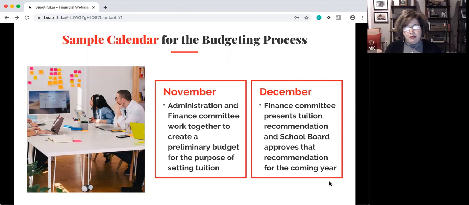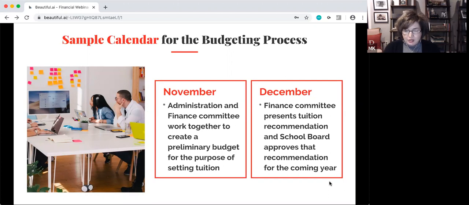That group of people is responsible for working together to create the bones of a budget that allows us to look at what our tuition might be, as well as what our teacher increases and compensation might be. Those are typically the two biggest components, and that's what we're going to be talking about in November.